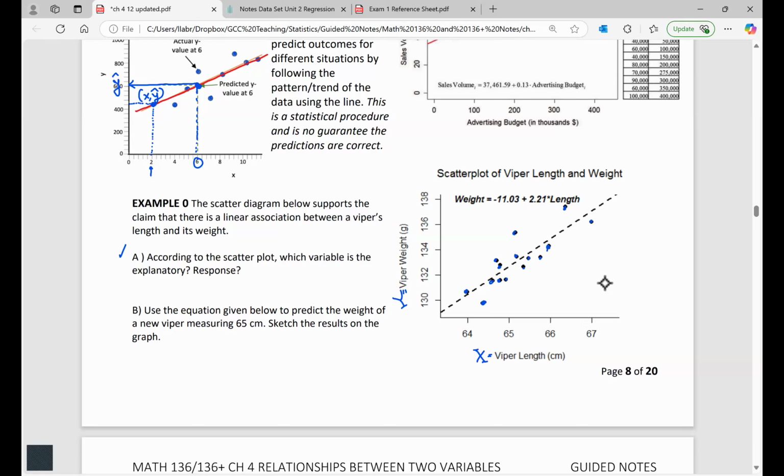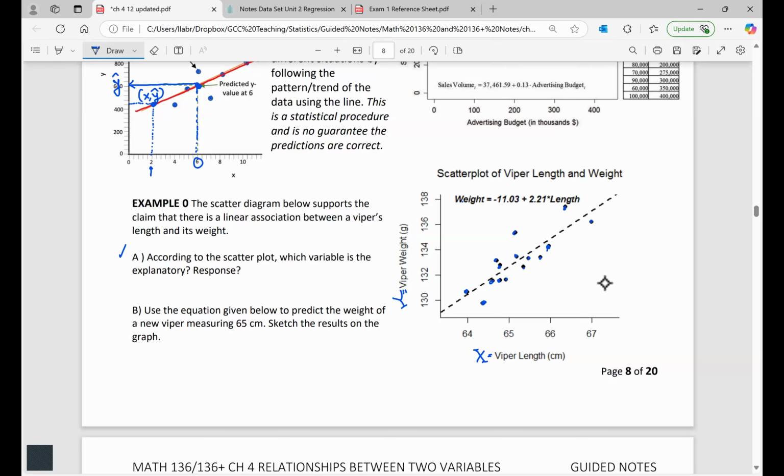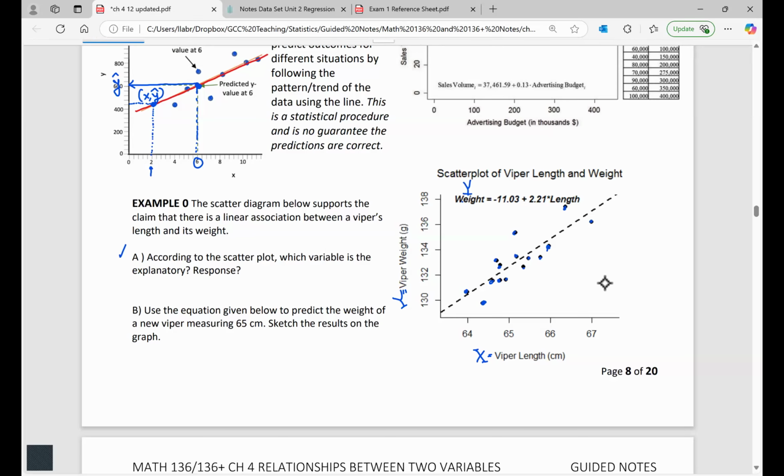I went ahead and used technology, and we can see that the weight, in other words, the viper's weight, so the y variable, is equal to negative 11.03 plus 2.21 times the length, which is the x variable. So here we're basically asked, use the equation given to predict the weight of a new viper measuring 65 centimeters.